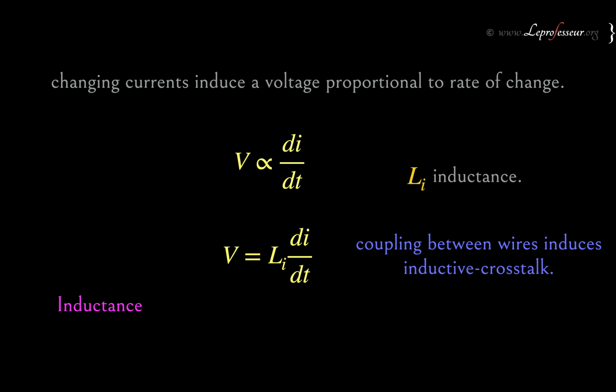We can say that coupling between wires induces inductive crosstalk. As we saw, with two wire segments or interconnects adjacent to each other, we saw the coupling capacitance. In the same way, there is an inductance, because two wires are running very close to each other.